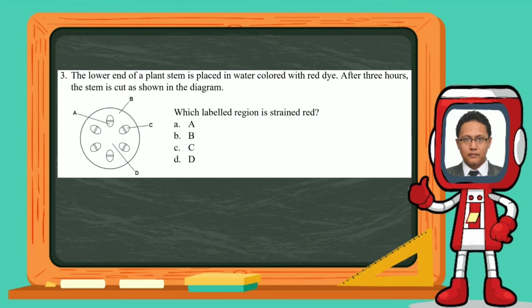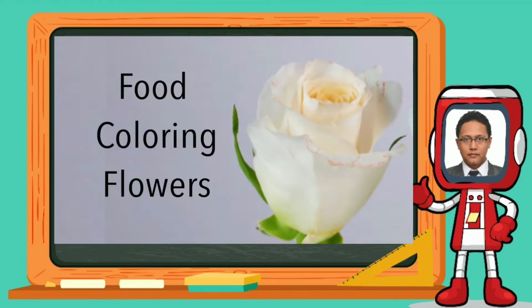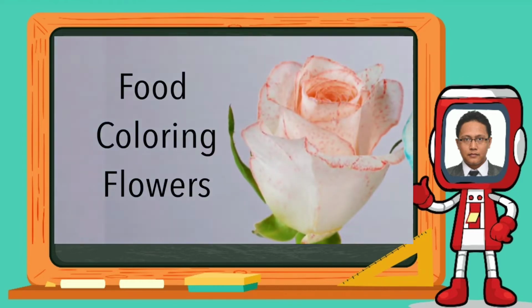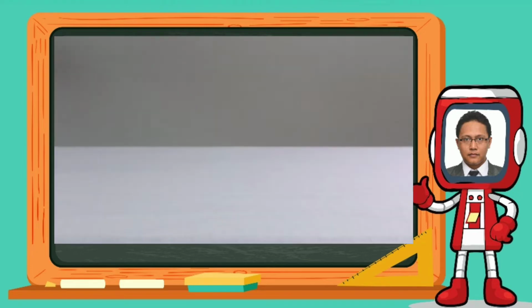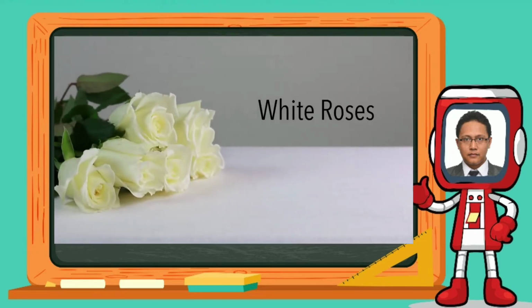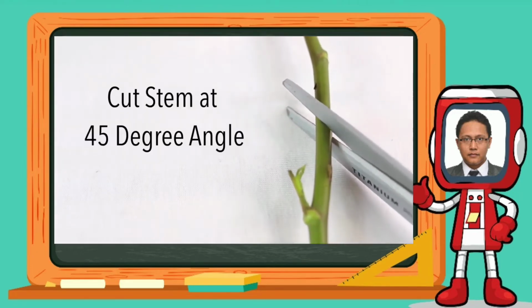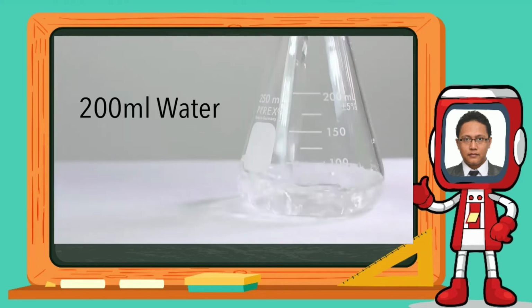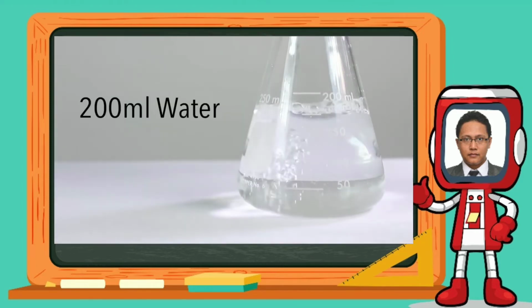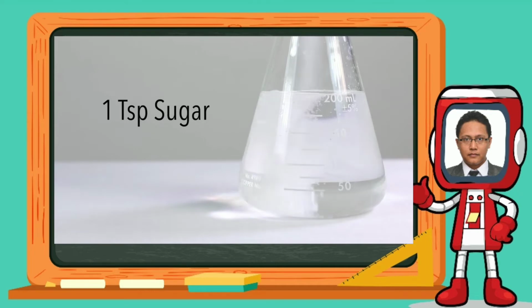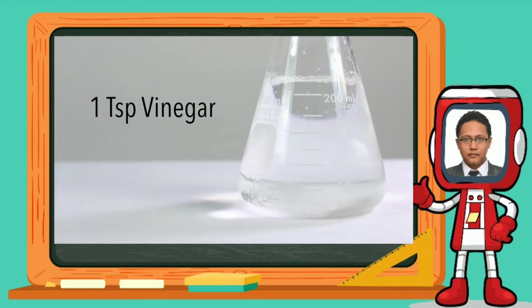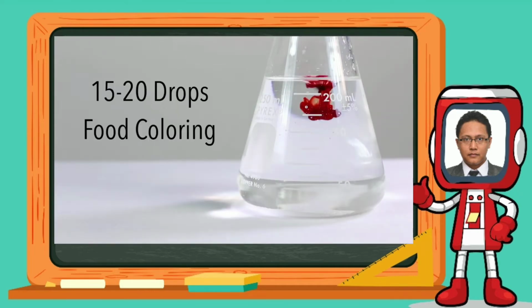Of course, xylem. Xylem has the primary function of carrying water from the roots up to the leaf above, which means if the water is tainted red, the xylem will turn red also. So to answer this question, you have to know which one is xylem.